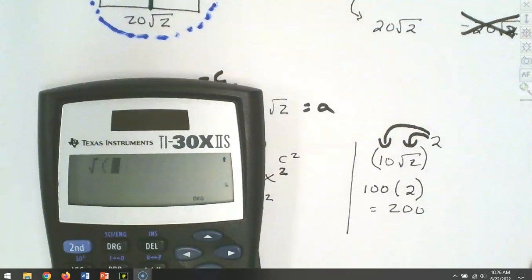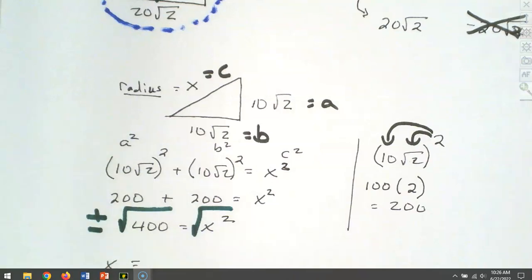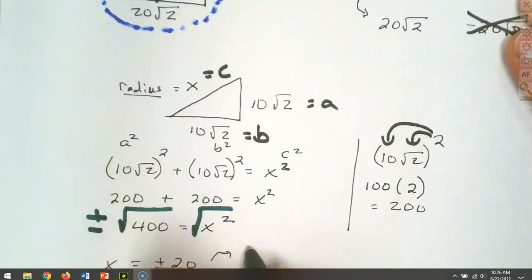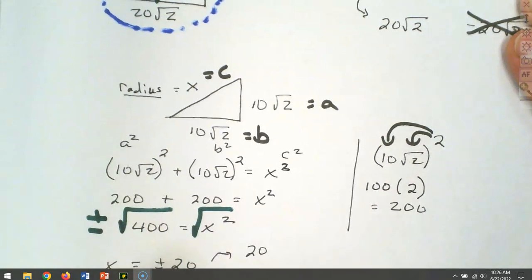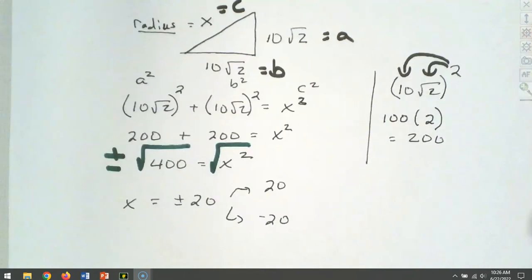So second squared, type in your 400, and that comes out to be your 20. So that's going to be plus or minus 20. And we know that one's positive and one is negative, and which one is not going to work? Again, of course, the negative.